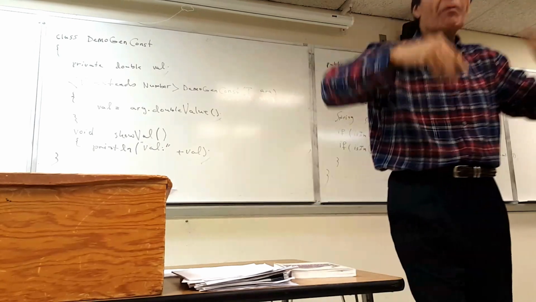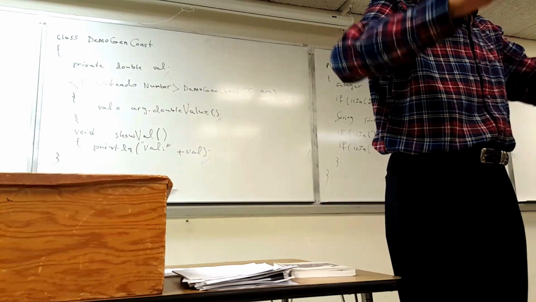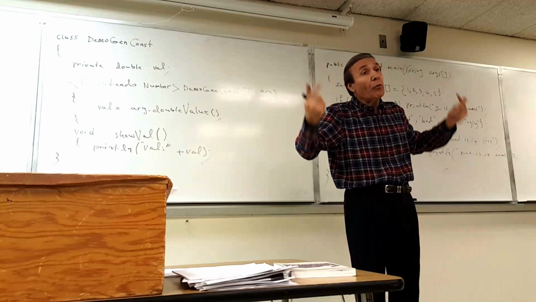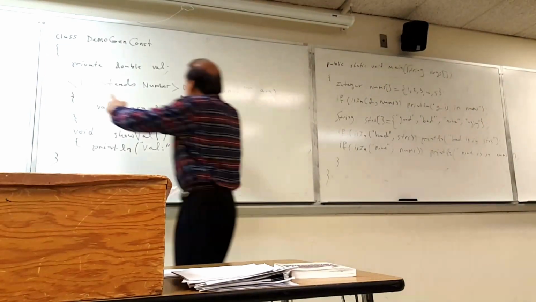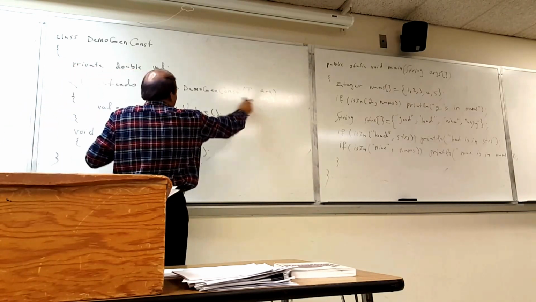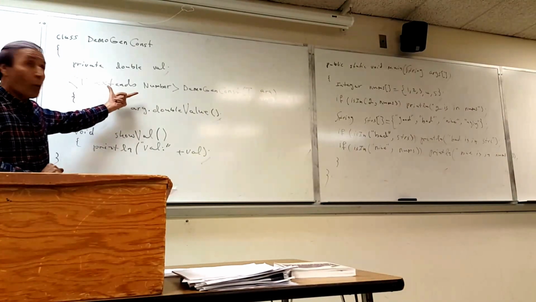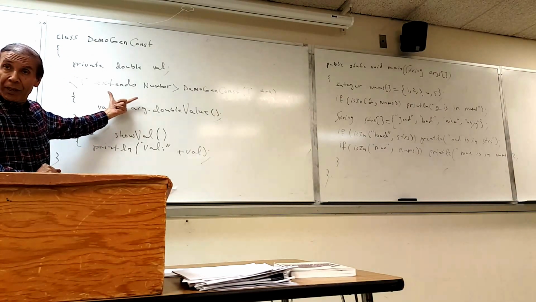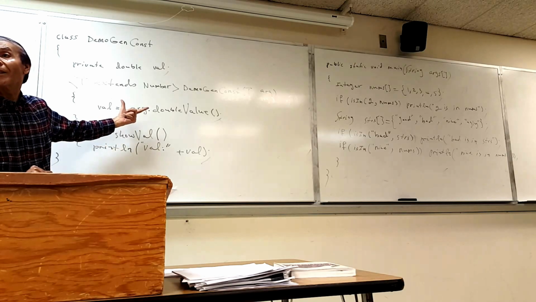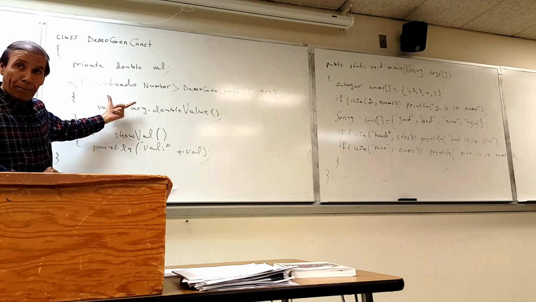Whenever you are working with any method or constructor, the type or types of your argument should be at the beginning of your method or constructor, not inside. So here, right? See that? This is very important. This is the type or types of the argument of your constructor. Okay?